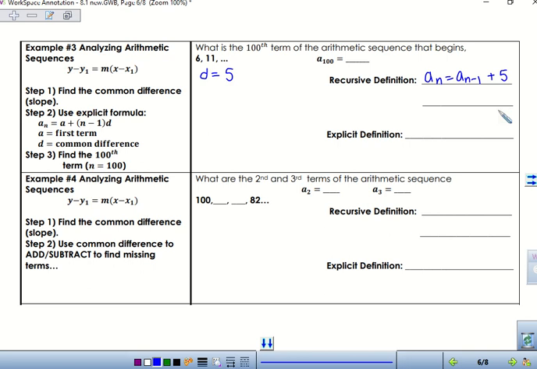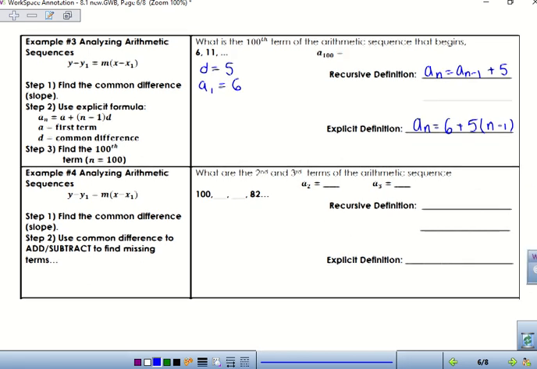And then to get the explicit definition, I need to know d and a1. So what would be a1 for this one? Good. So the formula for explicit is a sub n is equal to whatever the first term is plus your common difference times n minus 1. And if you're wondering why the formula is n minus 1, it's because you never actually start at 0, you always start at 1. So that's the reasoning behind why the formula is that way.